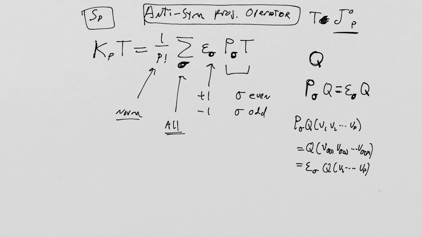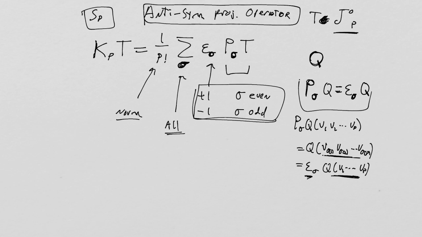That's the definition of what it means to be anti-symmetric in your arguments: you reshuffle the arguments, and all that does is change the sign of the result, depending on whether sigma is an even or an odd permutation. If this is true for Q, then we are expecting the anti-symmetric part of Q to equal Q itself.